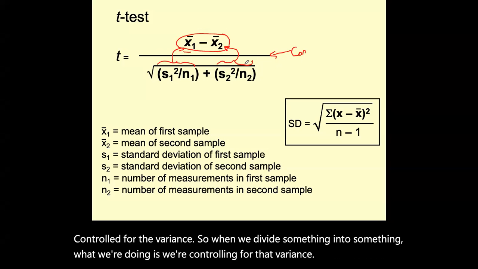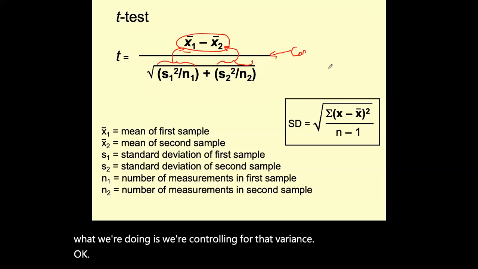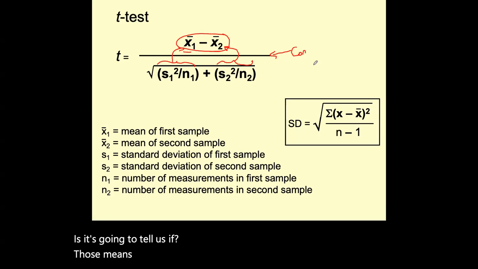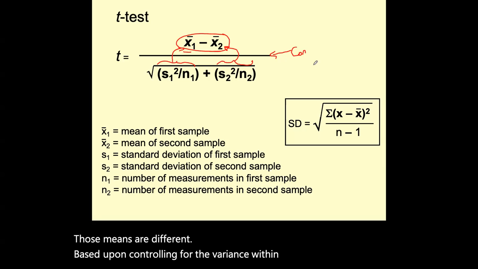Okay, that equals a t statistic. And what this is going to tell us is if those means are different based upon controlling for the variance within the two samples. That's what this equation is basically saying.